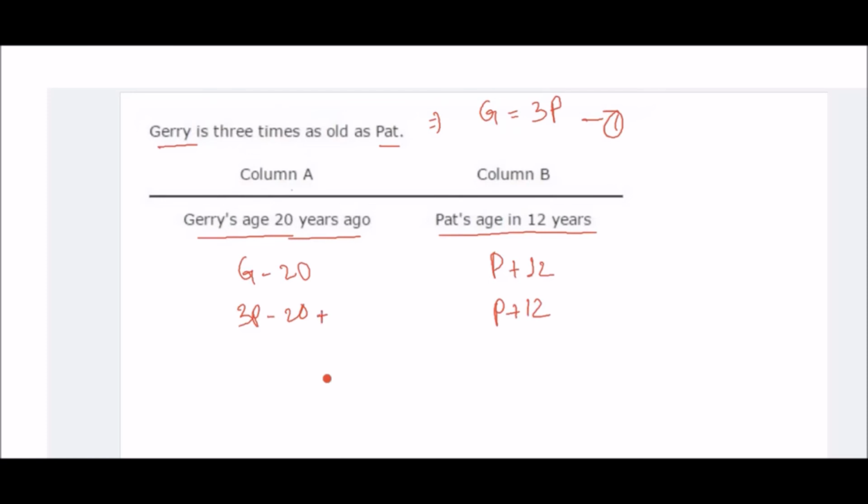So add 20 on both sides, that will be 3P, and here P plus 32. Subtract P on both sides, so that will become 2P, and here 32. But we don't know the P value, right? What is the age of Pat? We don't know it. The relationship cannot be determined between column A and B. That's why we choose option D.